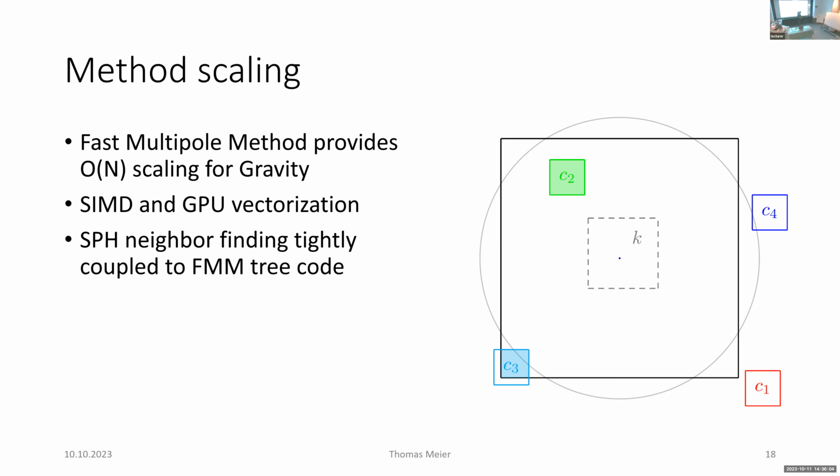We have the bounds of their positions. They also have a bound of their kernel sizes. Which means that any particle outside of the black line cannot be a neighbor of the particles that are in here because they are too far away. And that means while finding neighbors, I can ignore everything that is outside the black box.